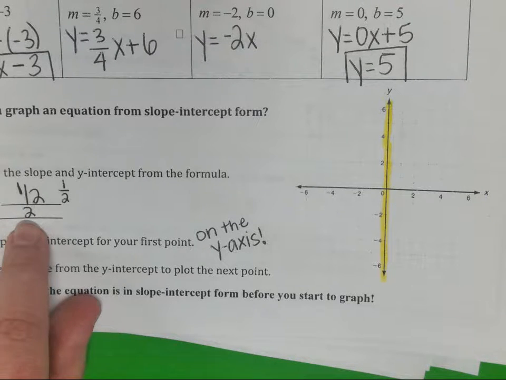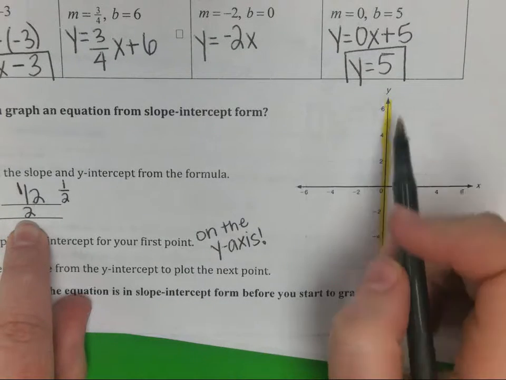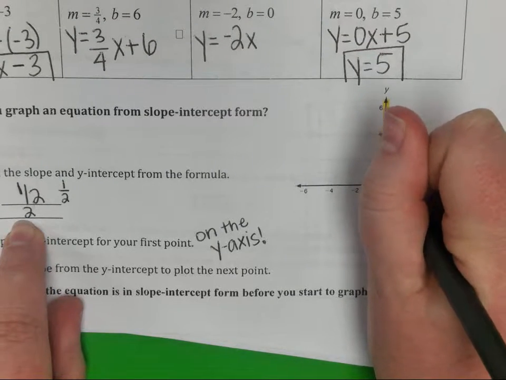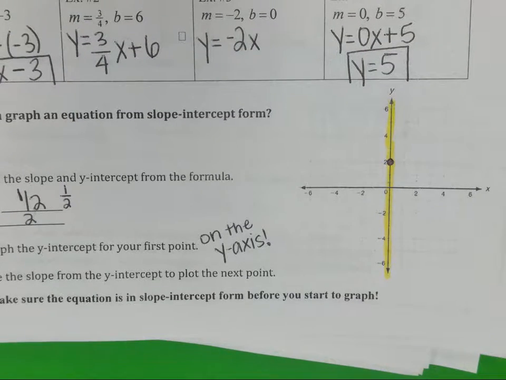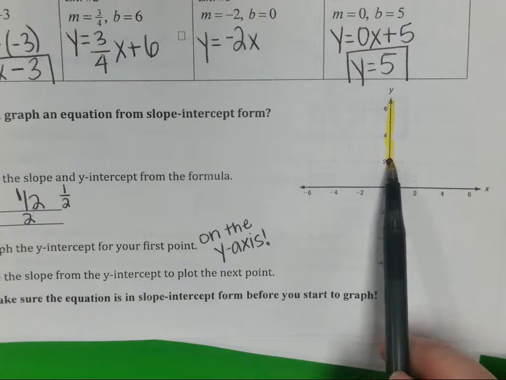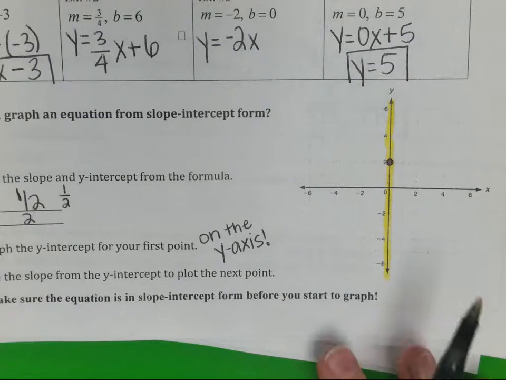If we are crossing the y-axis at 2, you're completely right. We're going to go up to this 2, and we're just going to put a point directly on the y-axis. Are y'all okay with that? Okay. So our y-intercept is 2, B is 2, so we're going to go up to 2 on the y-axis.